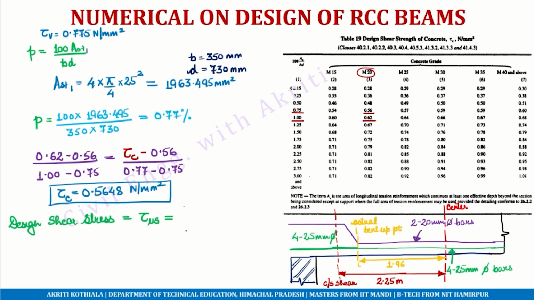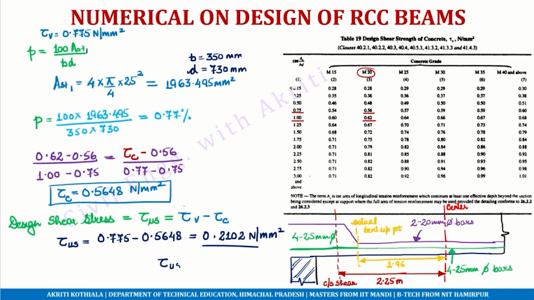So the difference between the two is equal to the design shear stress. Substituting these values, we obtain the design shear stress equal to 0.2102 Newton per millimeter square. So we can simply write tau us is equal to 0.21 Newton per millimeter square.